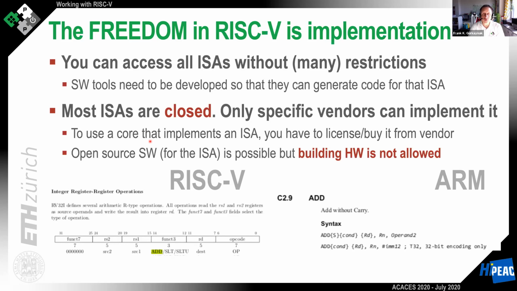Now, you can have open source software for the ISA. This is possible, but you cannot build the hardware. Well, you can build it for yourself, as long as you're not giving it to anyone. Everybody can at home look at the ARM ISA document and write something, but you cannot share it, you cannot sell it, you cannot work with it. So this is the freedom in RISC-V.